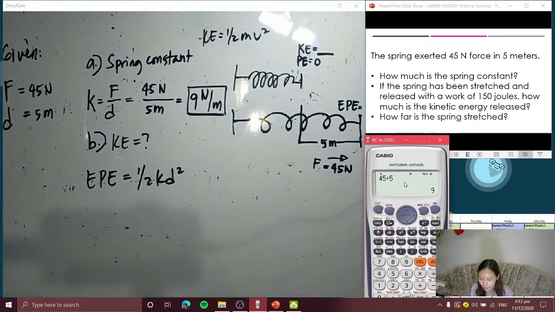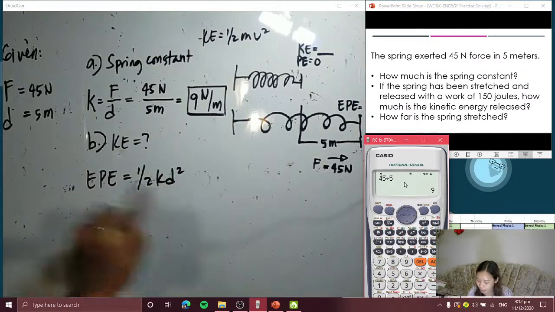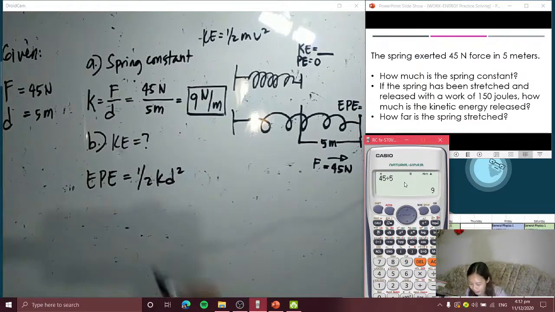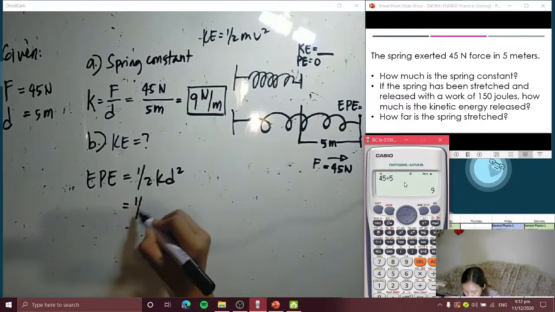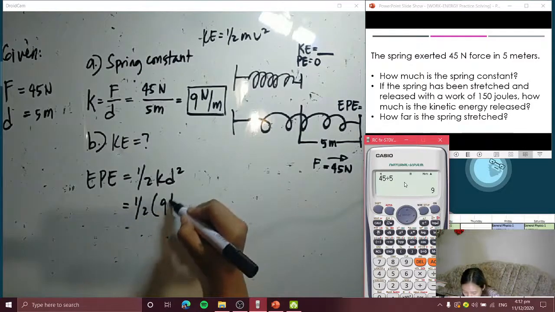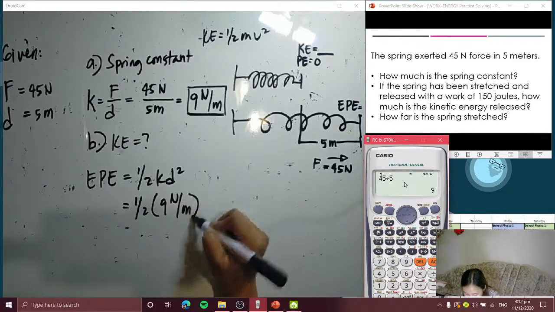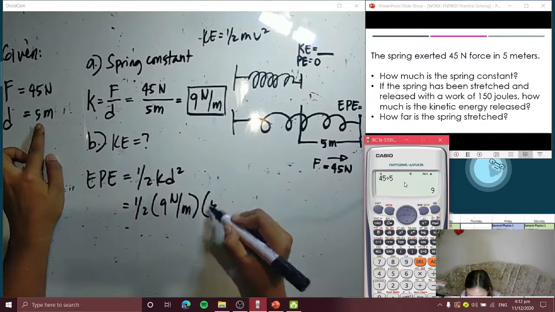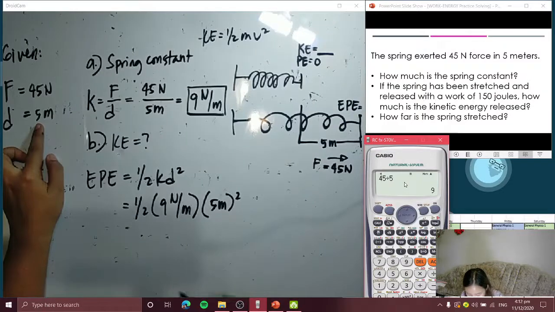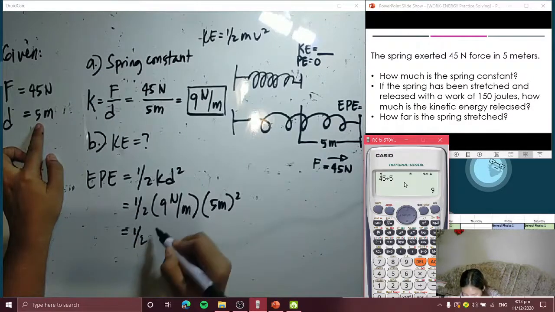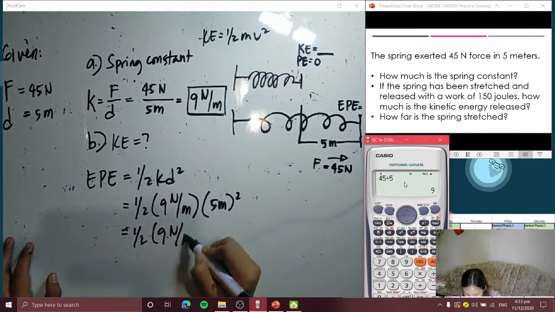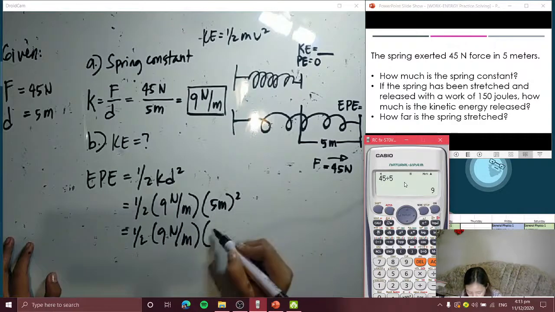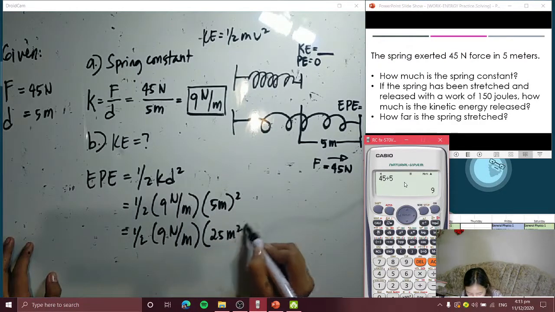We have now here the value of K, and we have also the value of D. So, substitute lang: 1/2 times 9 newton per meter times the D that is 5 meters, then square. So, 5 squared is 25 meter squared.